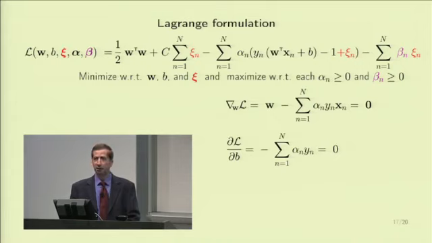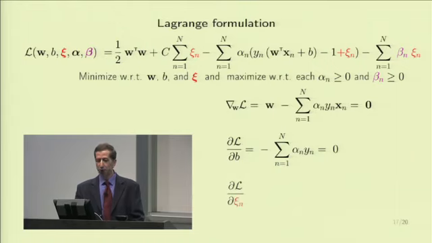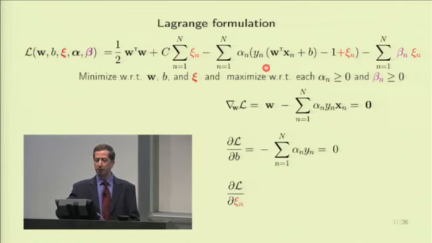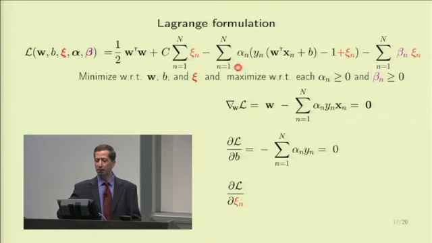So the final one is to get the partial by partial psi. That's the new one. Let's see what happens. I'll do it one at a time. So there are capital N of those. I didn't put it as a gradient just to make it simple. And I see, okay, psi n gets multiplied by C. Psi n gets multiplied by alpha with a negative sign.